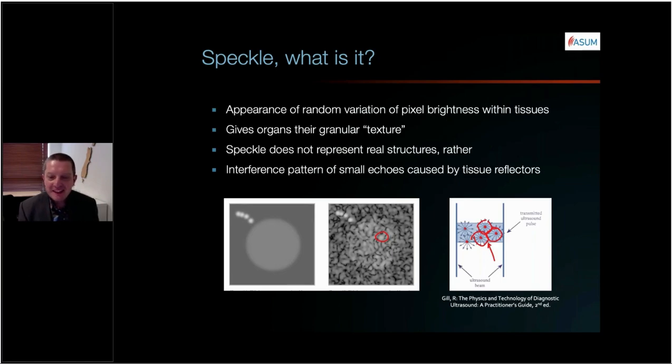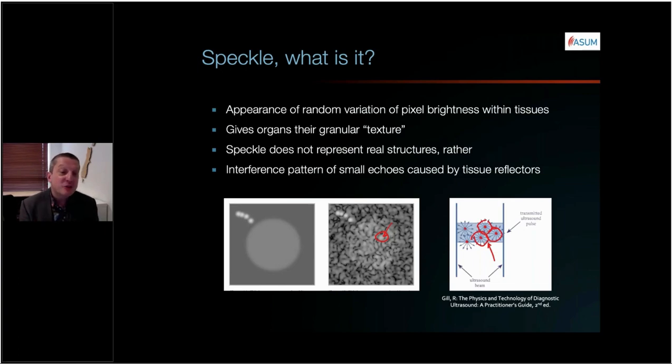You can see, however, that this area of constructive interference, where this white dot may be located, does not represent any soft tissue reflector at that location. Instead, it is an echo that has arisen from the constructive interference of very small wavelets of ultrasound.